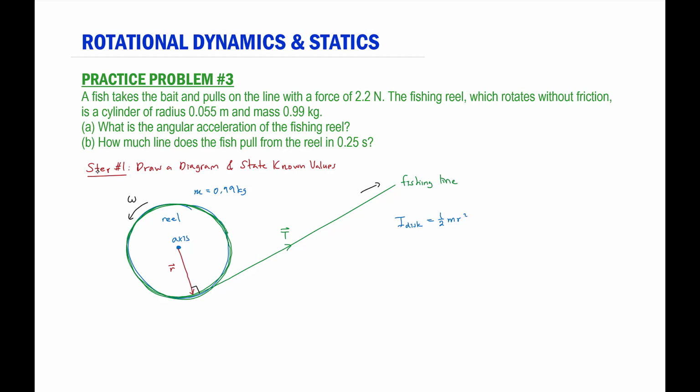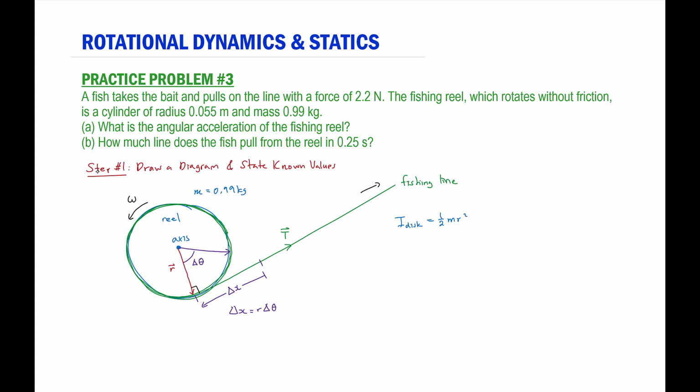In 0.25 seconds, maybe your wheel has turned a displacement of theta, which also means that you would have unwrapped a specific delta x length of fishing line. So we have to be able to relate delta x back to delta theta. So delta x is equal to r delta theta, one of our conversion equations.